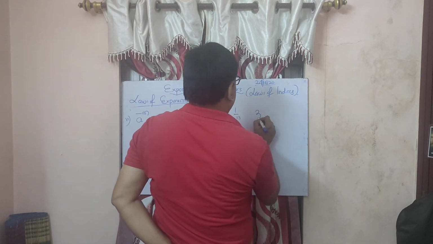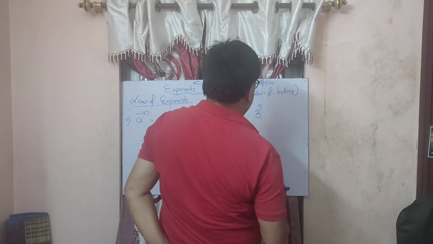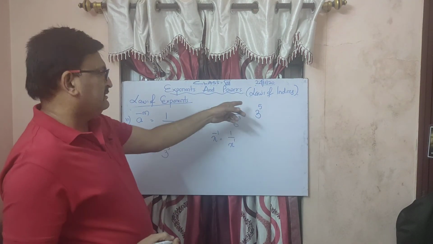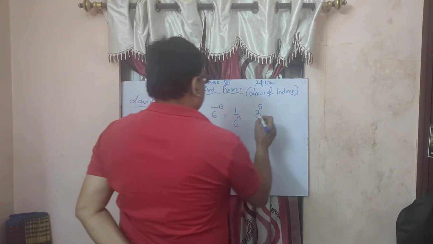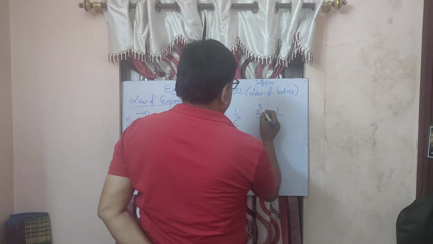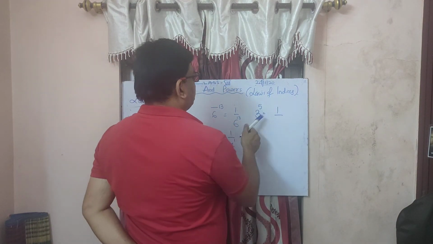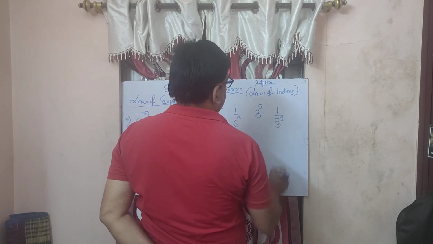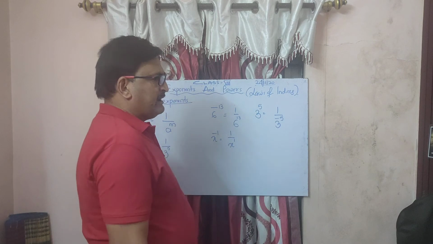For example, if 3 to the power 5 is there and you want to write its inverse, because sometimes they will ask what is the inverse of it, you can write 3 to the power minus 5.